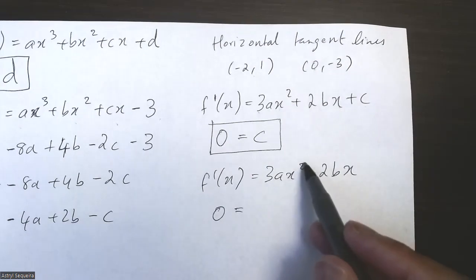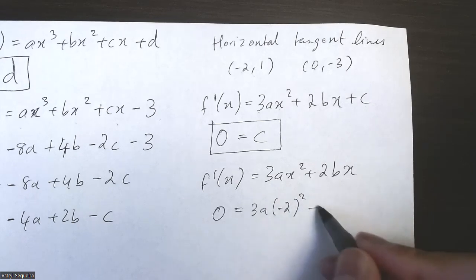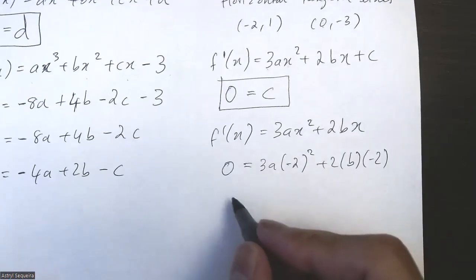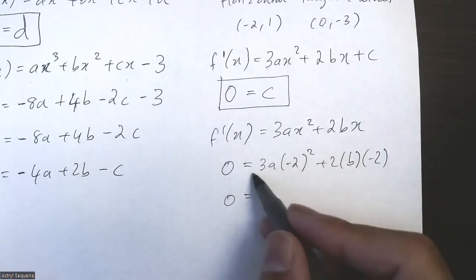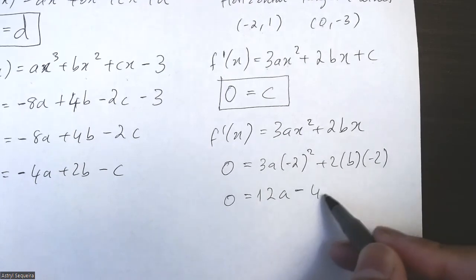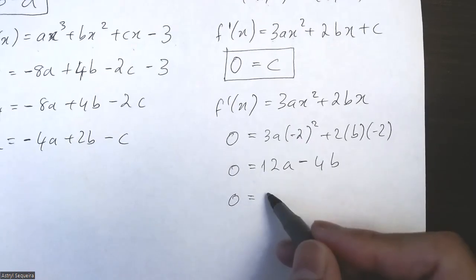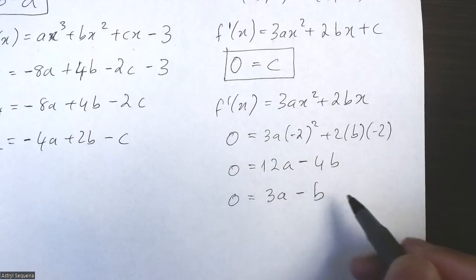So 3 times -2 squared, let me do it and show it to you, plus 2 times b times -2. So this is going to simplify to 4 times 3 is 12a minus 4b, and this can simplify by dividing by 4 into 3a minus b.